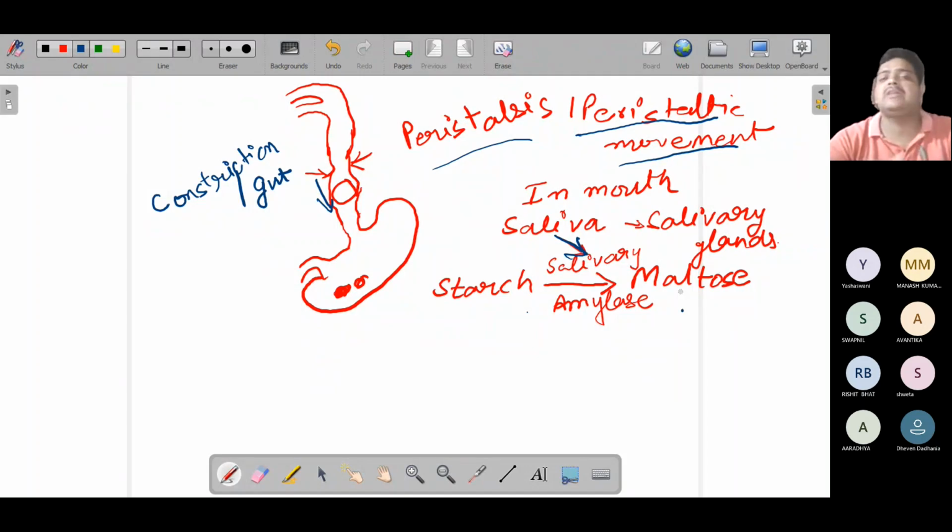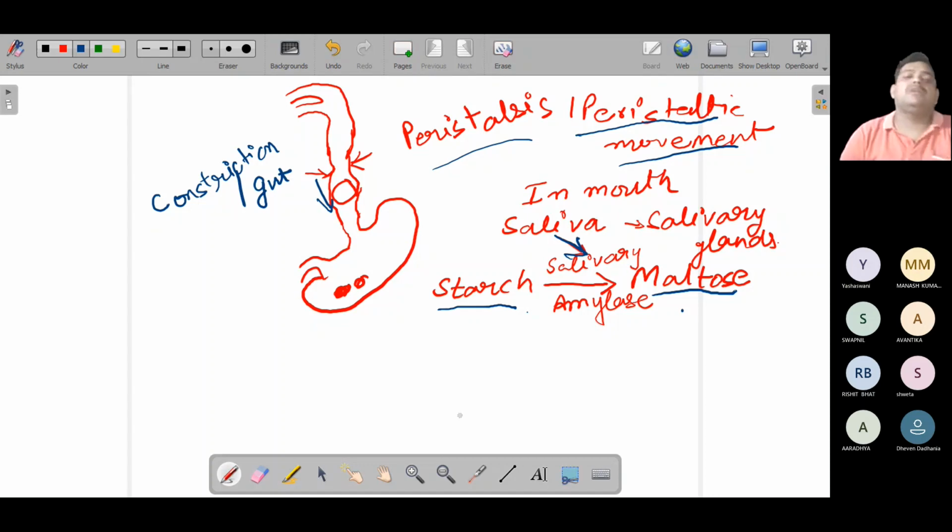After chewing your chapati, you will feel a sweet taste because starch is tasteless, whereas maltose is sweet in taste. So it will give you a feeling of sweetness.